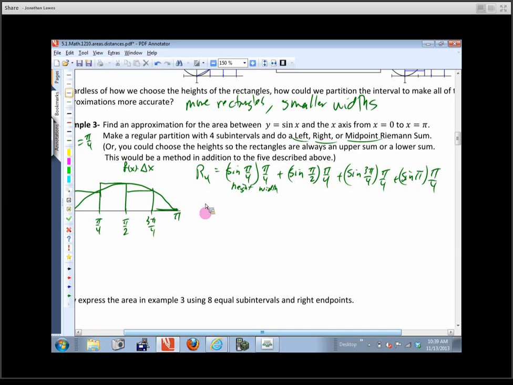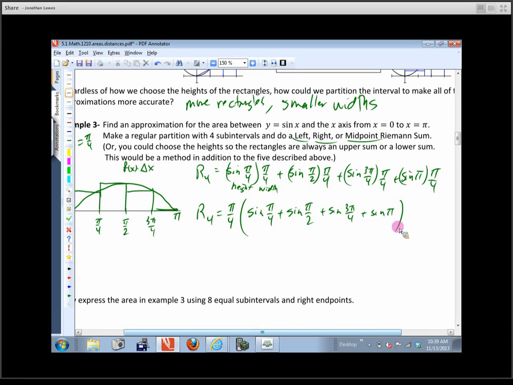Now to be smart about this, if you're going to do this calculation, notice that because we set this up in a uniform way, every one of these has a width of pi fourths. So if I factor that out, all I need to do is compute the sine of pi fourths, sine of 3 pi fourths, and sine of pi.